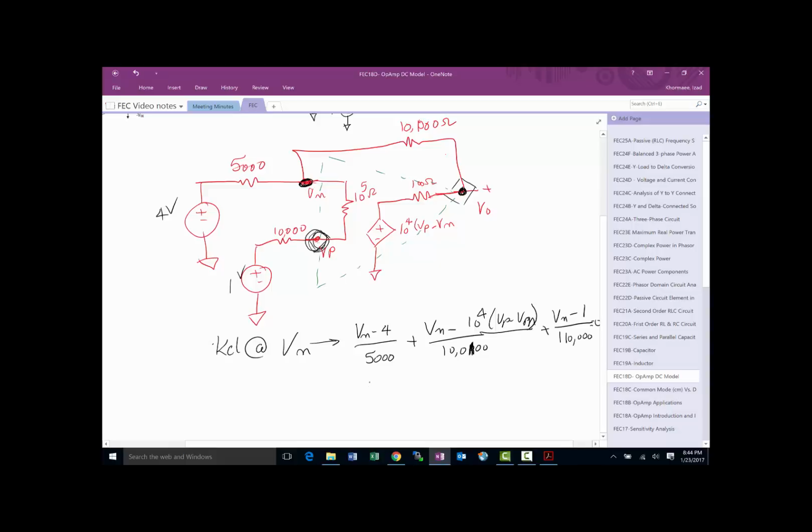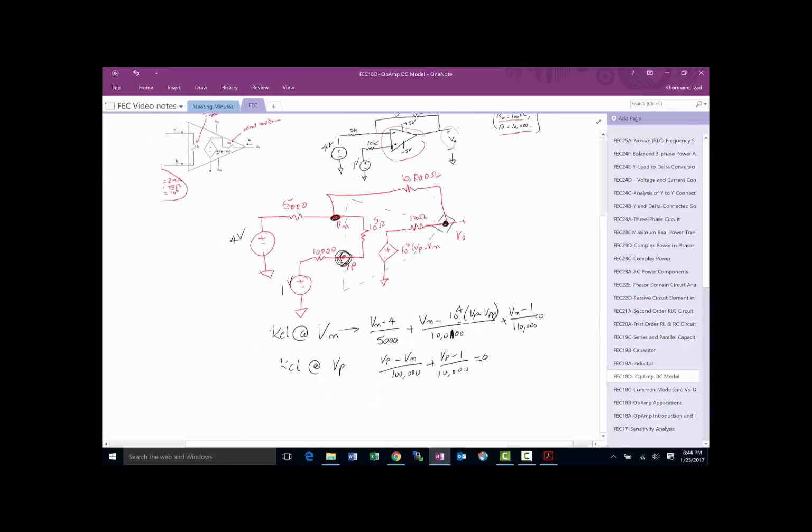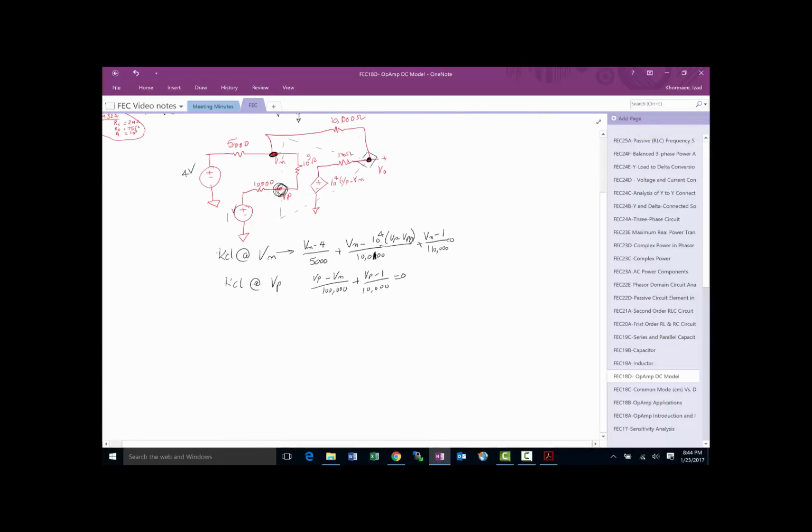So basically I can say, even though I don't have to do it, I do a KCL for Vp, and that's going to be Vp minus Vn divided by 100,000 plus Vp minus 1 over 10,000. Okay.